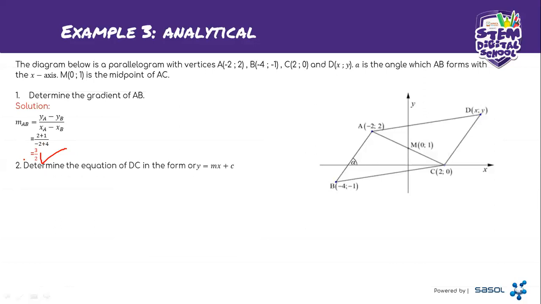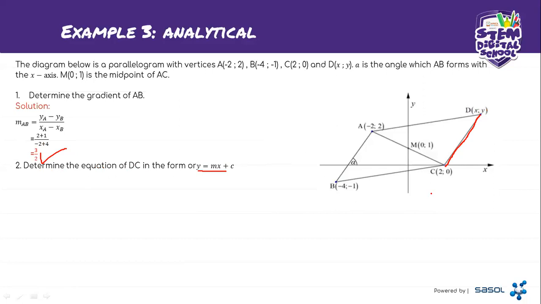The next question: determine the equation of DC in the form y = mx + c. Let's look for DC. The line that we are calculating the equation for is DC, this one. Remember earlier on I explained that if you need the equation of a line, we need two important things.